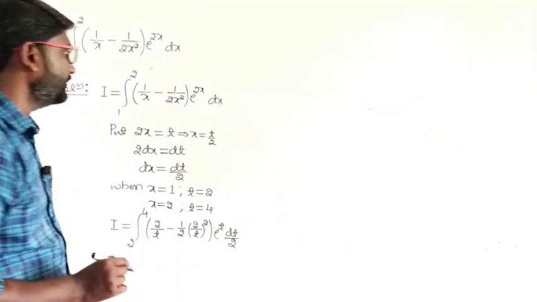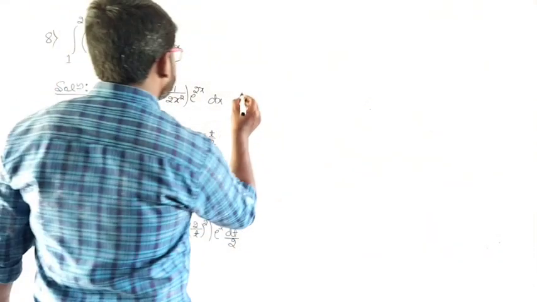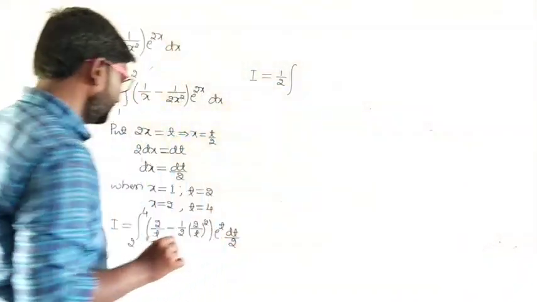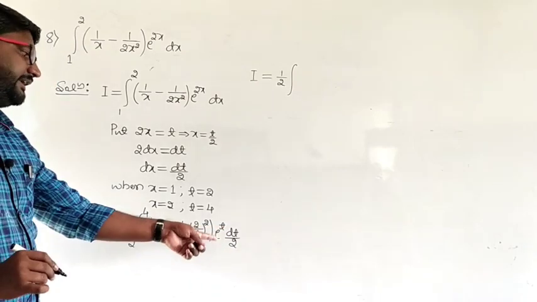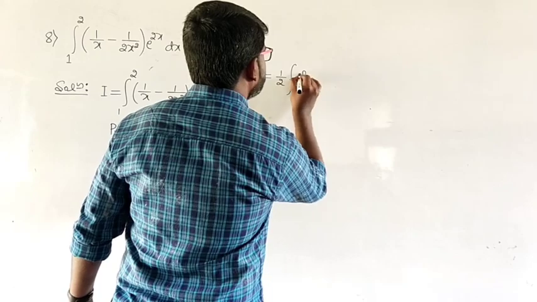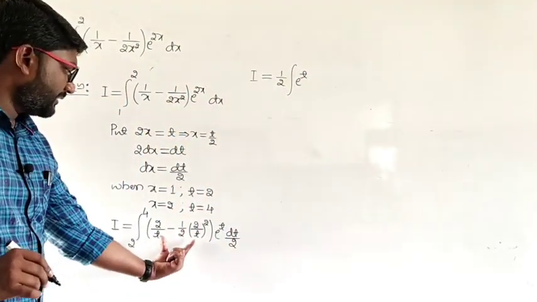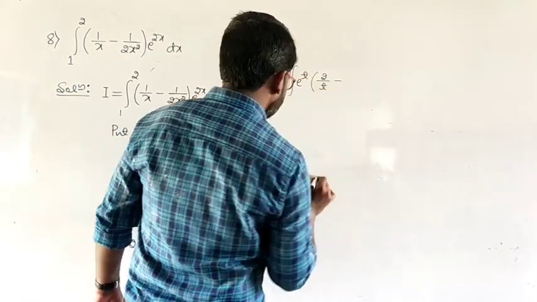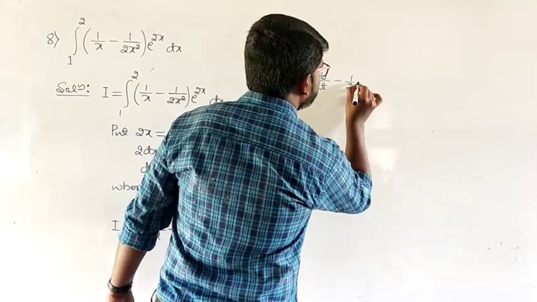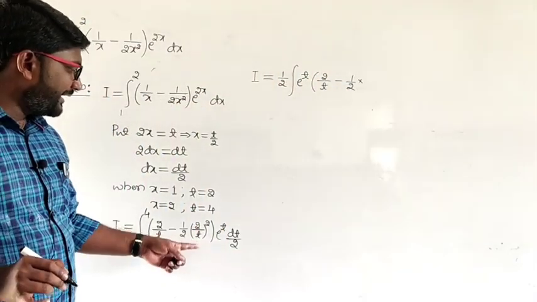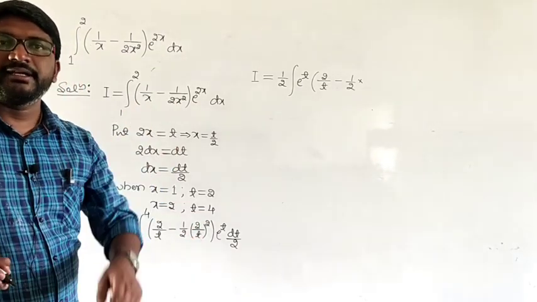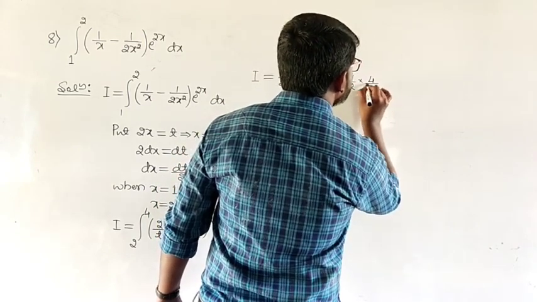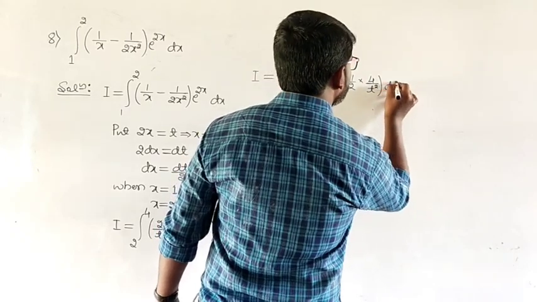So now see here, I is equal to 1 by 2, I will be writing it outside. Then the integral, e raised to t I will write in the beginning. Now simplify this: 2 by t minus 1 by 2 I will write as it is, into 2 by t the whole square, which becomes 2 square divided by t square. 2 square will be 4, so 4 divided by t square into dt.